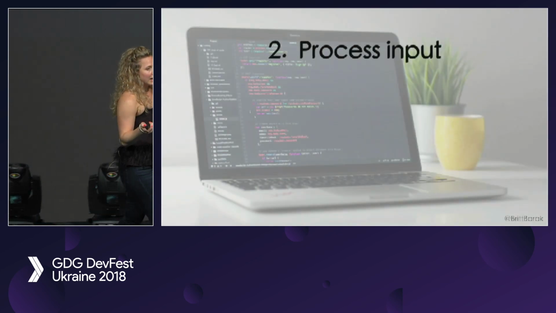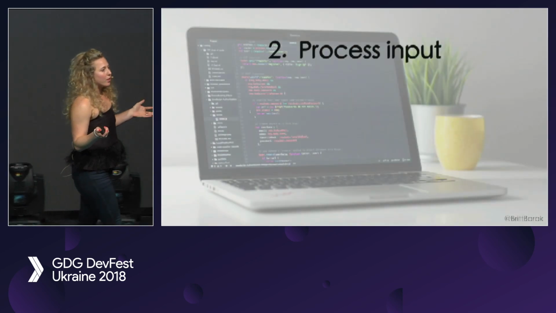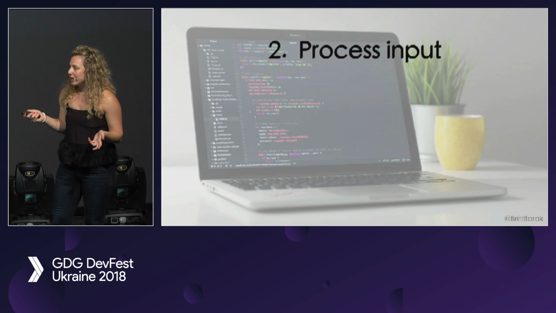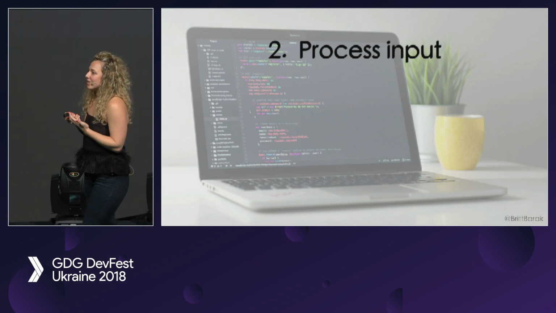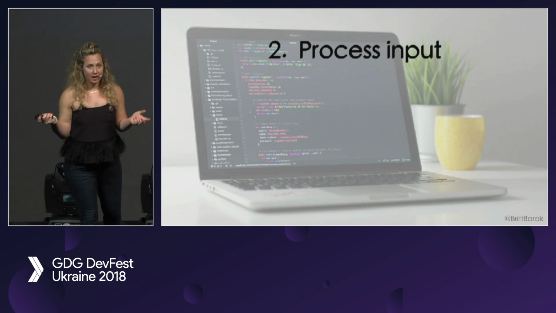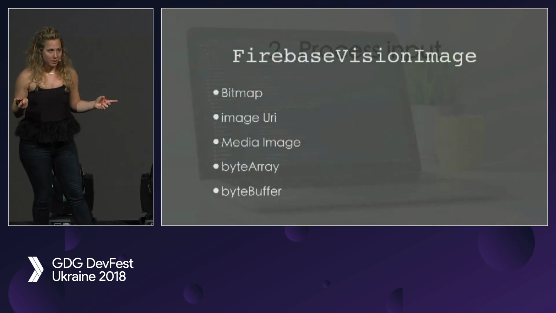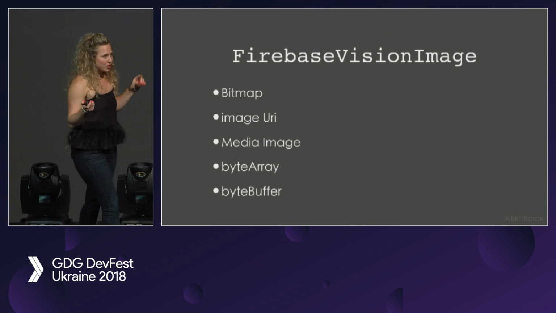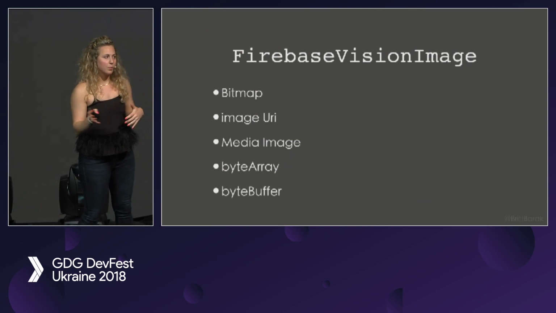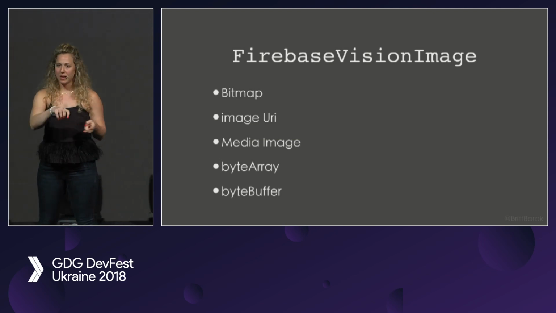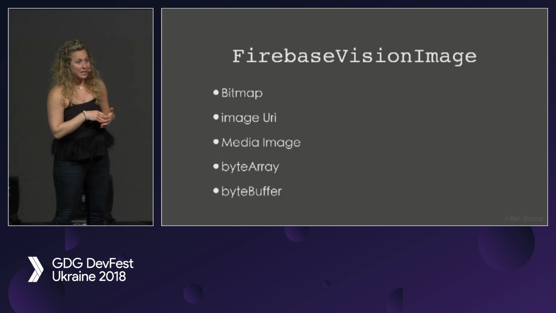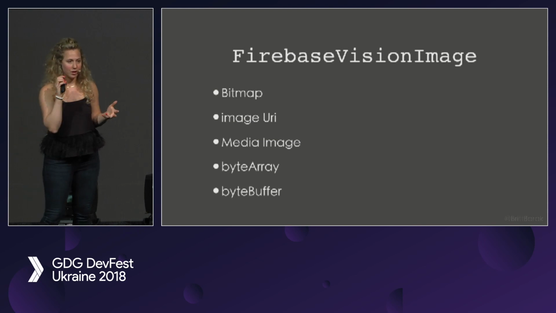And now, I need to process the input. The Firebase MLKit APIs cannot understand regular bitmaps or anything like that. So we need to obtain a FirebaseVisionImage object. I can obtain it from a bitmap. If I work with an image that is saved on my device, I can just use the image URI.